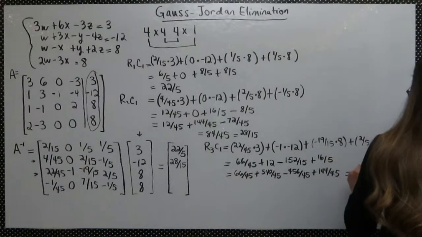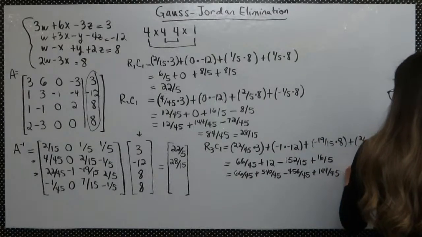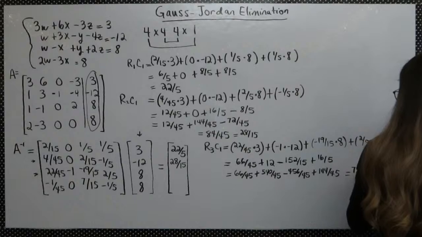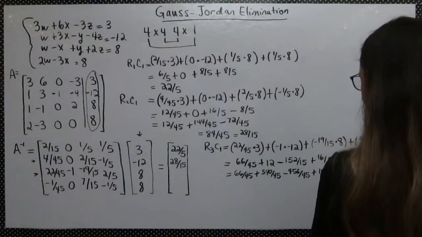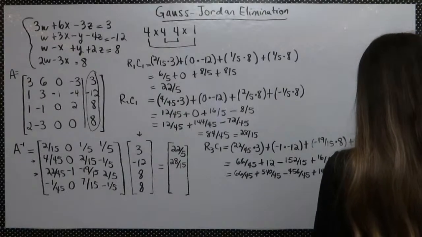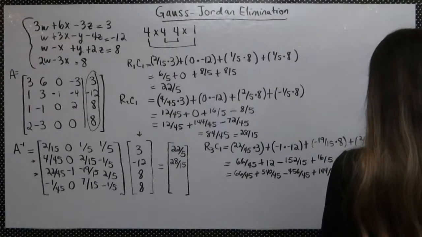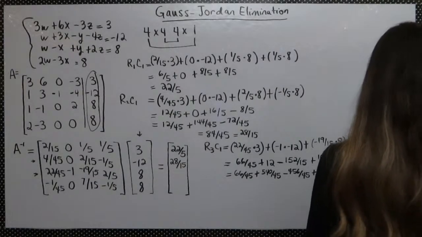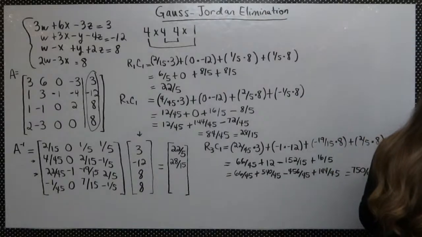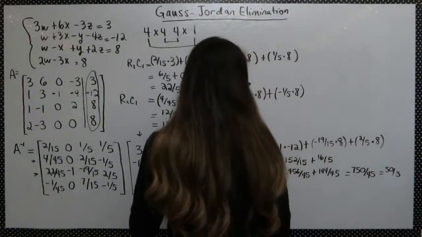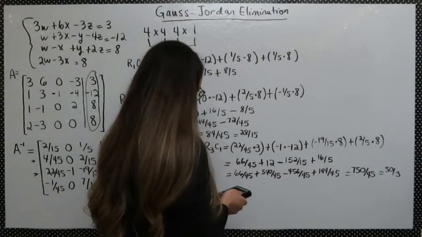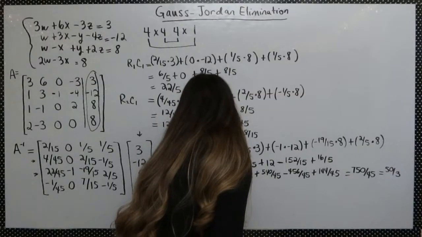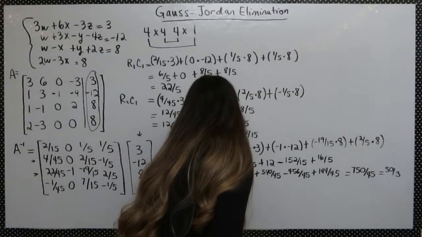So we've got 750 divided by 45. And that reduces down to 50 thirds. And we'll put that here. 50 thirds.